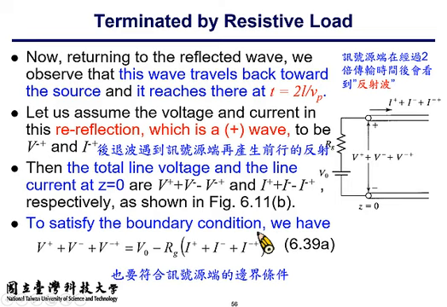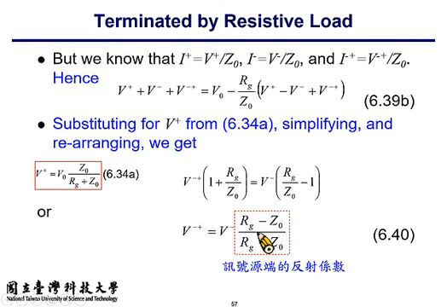But anyway, you can simplify the previous equation using the representation as I plus equals V plus over Z sub 0, I minus equals V minus over Z sub 0, and so on and so forth. Here, you will have another reflection coefficient.